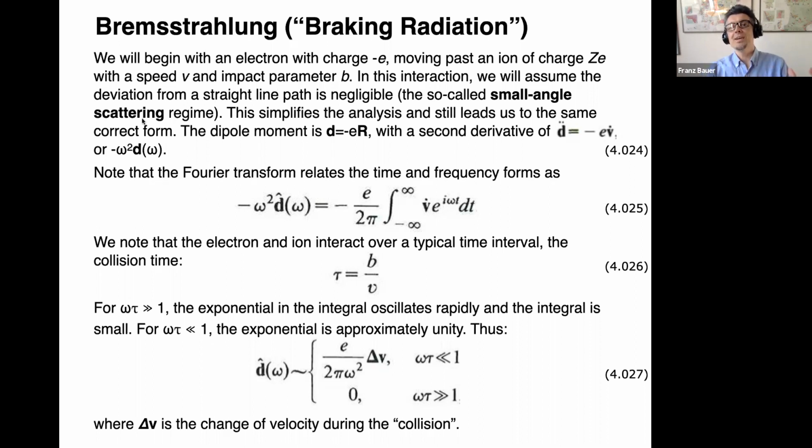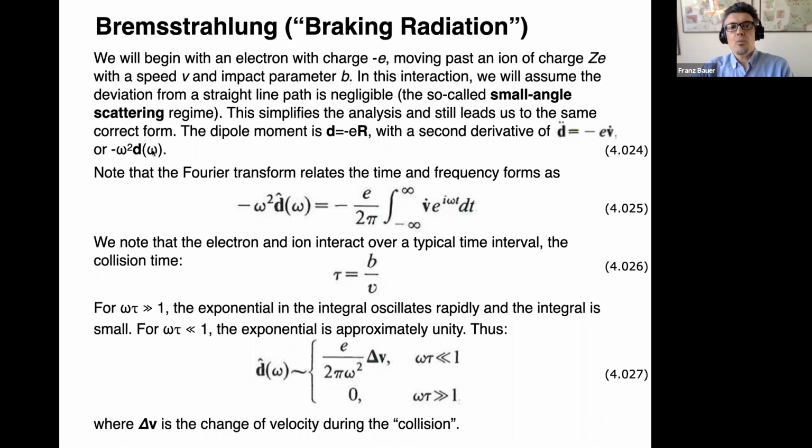Any single interaction between an electron and a charge shouldn't change the path too much. This is the small angle scattering regime. When you have scenarios which disobey this, then you have to treat this in a stronger three-dimensional way.